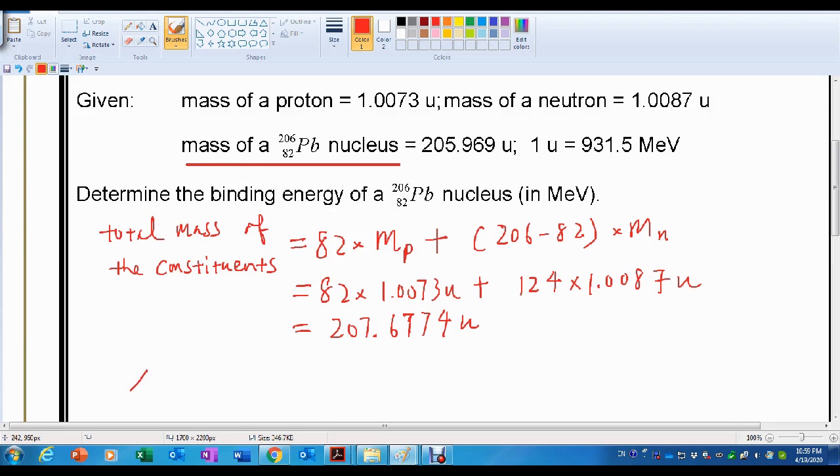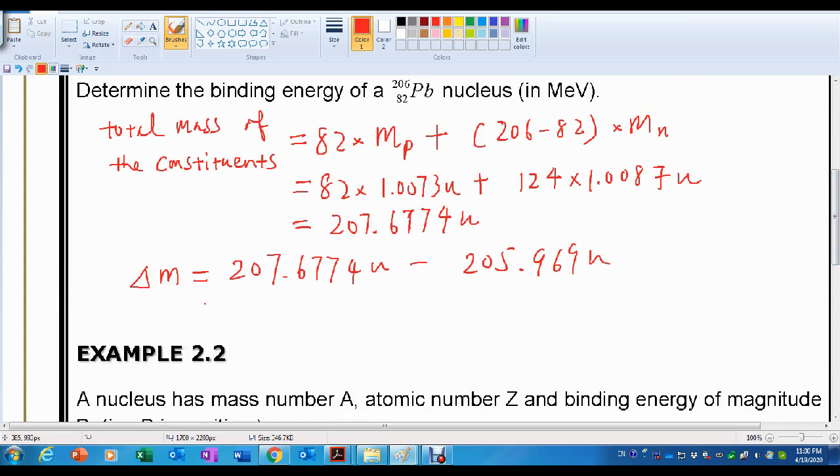So let's find the delta mass, this one take away that. Sorry, I'm running out of space. So that's 1.704. Remember the units.